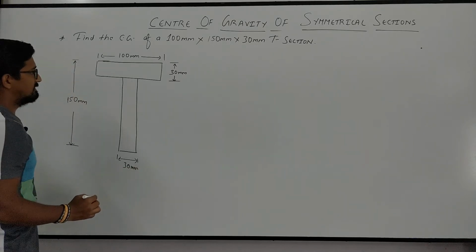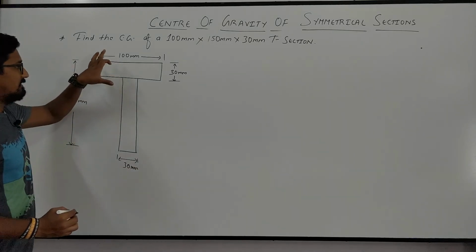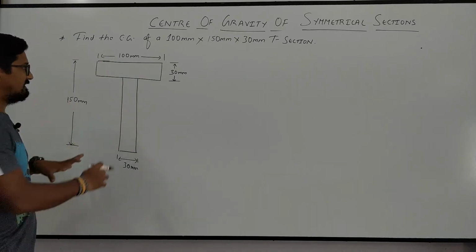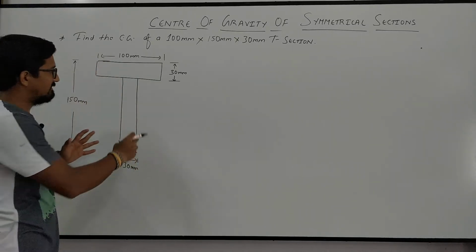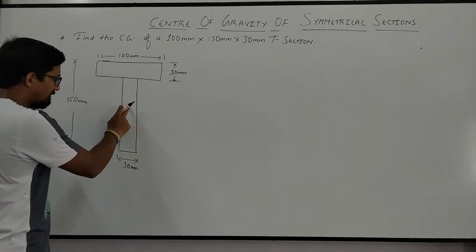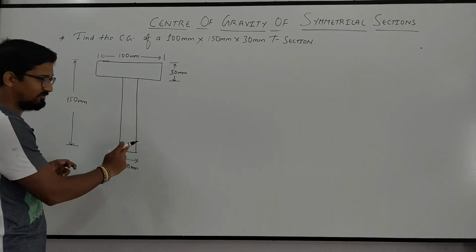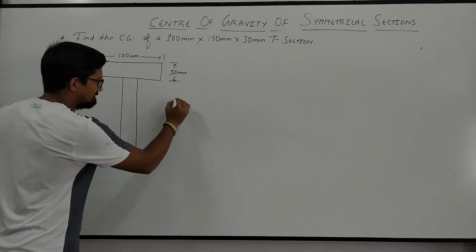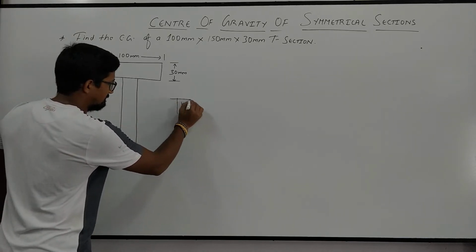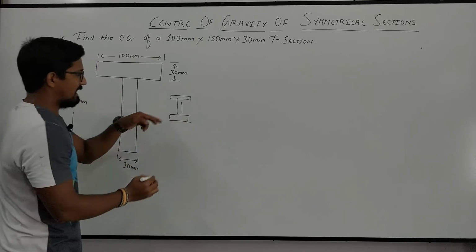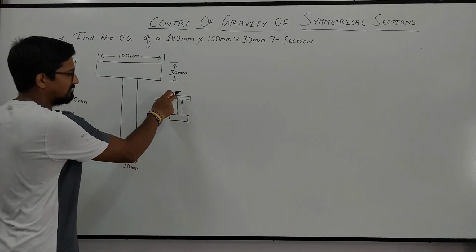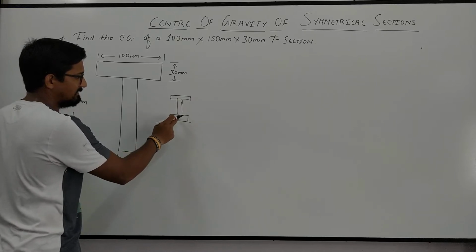When it is a T section, it has an upper flange and the web. When it is an I section, it will have an upper flange, web and the bottom flange. So when it is an I section, this part is called the upper flange, this is the web and this is the bottom flange.